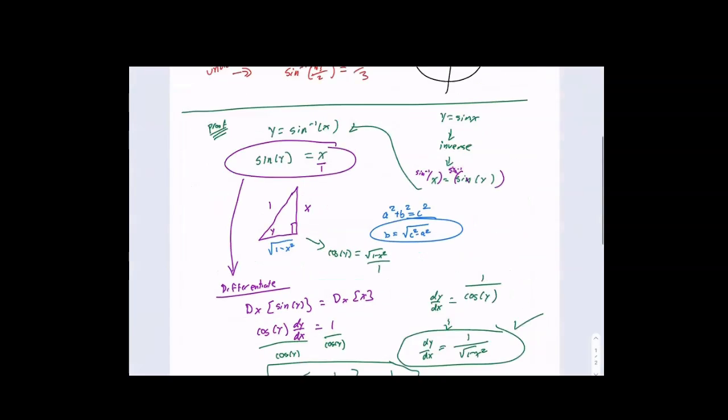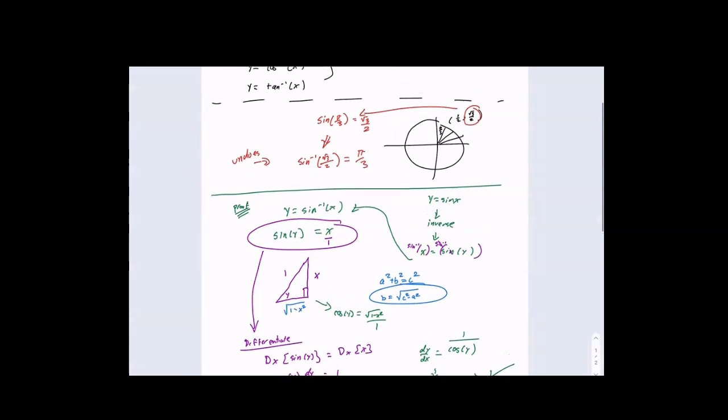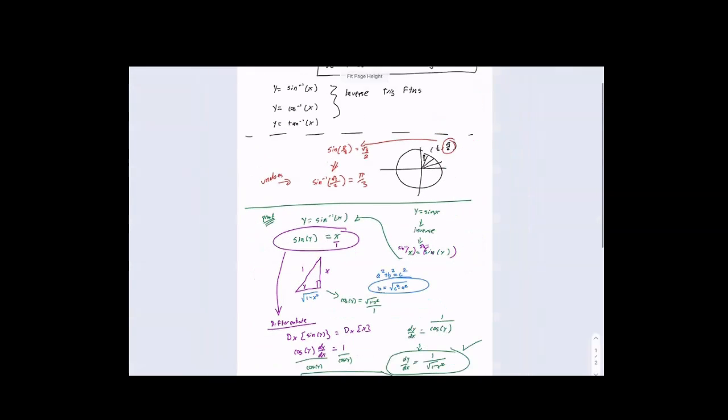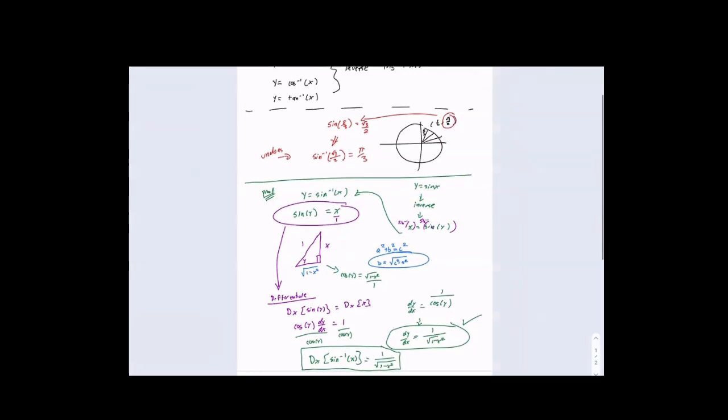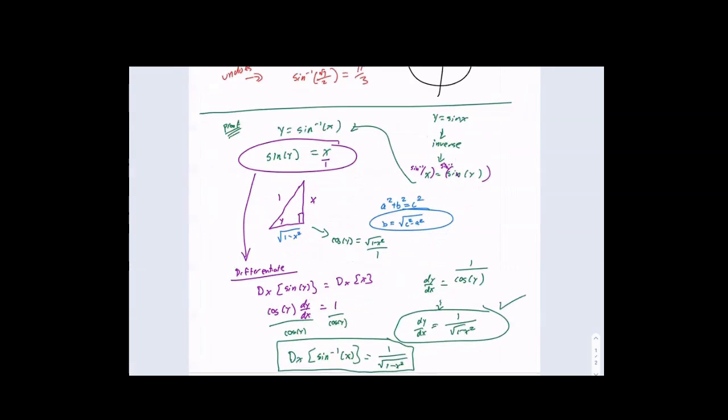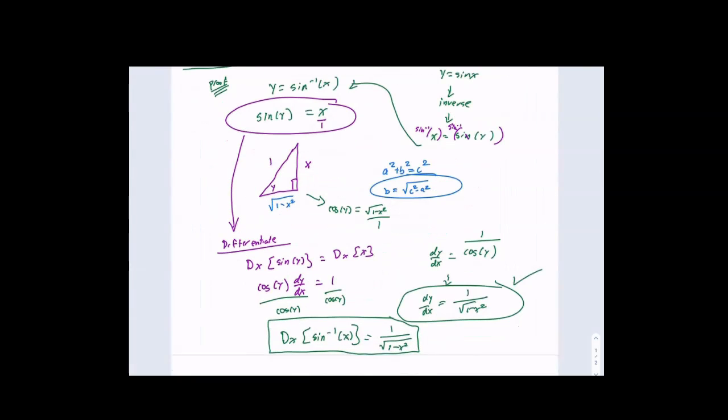Now, I hope all of you can follow what we've done. That's the hope and the dream, that you followed everything and why we got to what we got to. We utilized implicit differentiation that we've already learned. We did some right triangle trigonometry, which is a requirement for the course, but we've kind of put it on our back burner.